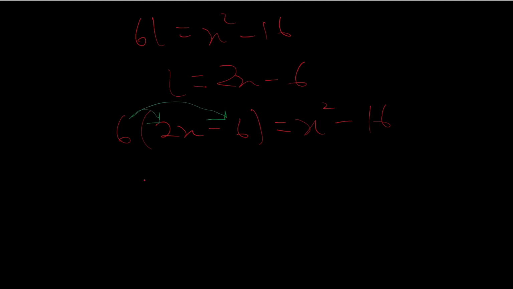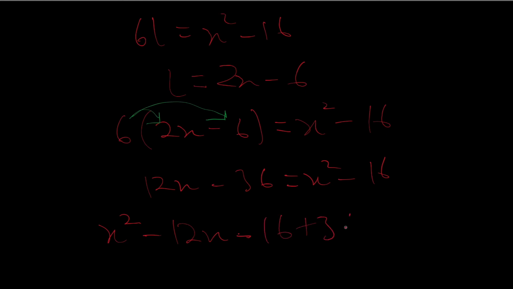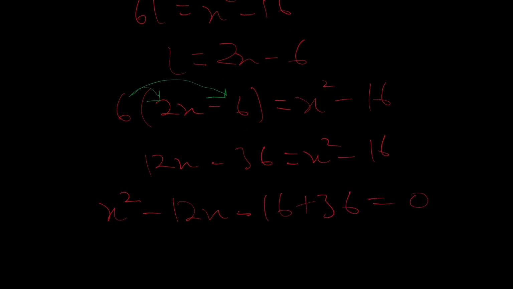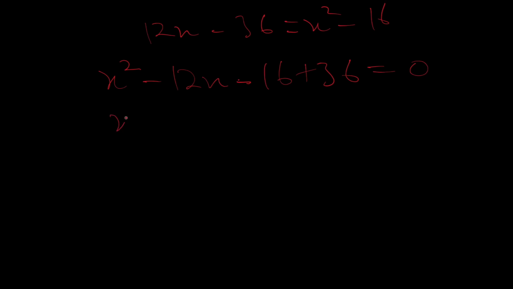So then we have 12x minus 36 is equal to x squared minus 16. If we rewrite this such that we equate everything to 0, we get x squared minus 12x, we move everything to this side, minus 16 plus 36 is equal to 0. So we have x squared minus 12x plus 20 is equal to 0.